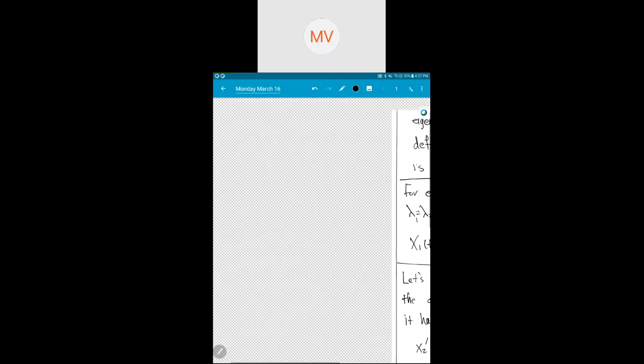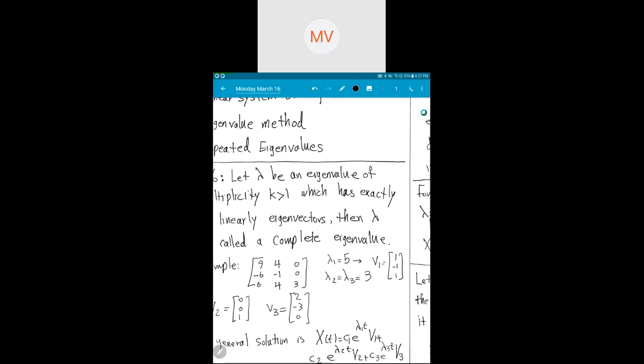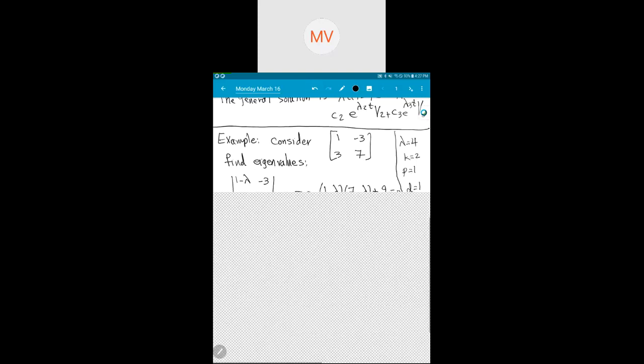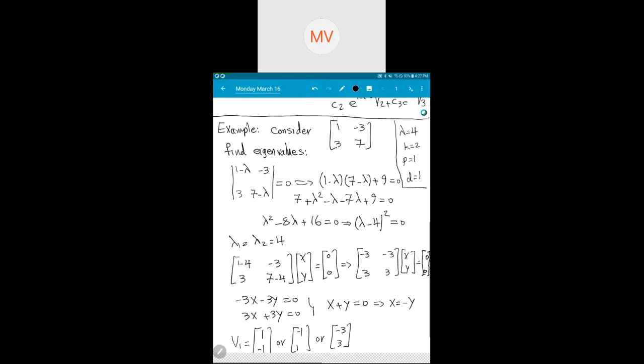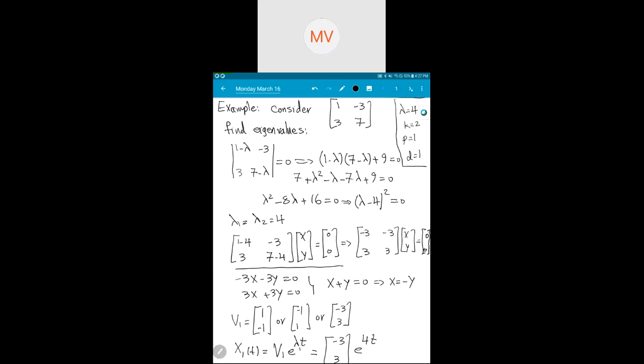If I go to the bottom of the left column, it's right here. So we already found v1, and we know v1 satisfies this equation. So we know v1 is a solution to this equation, the whole A minus lambda I times v1 equals 0.